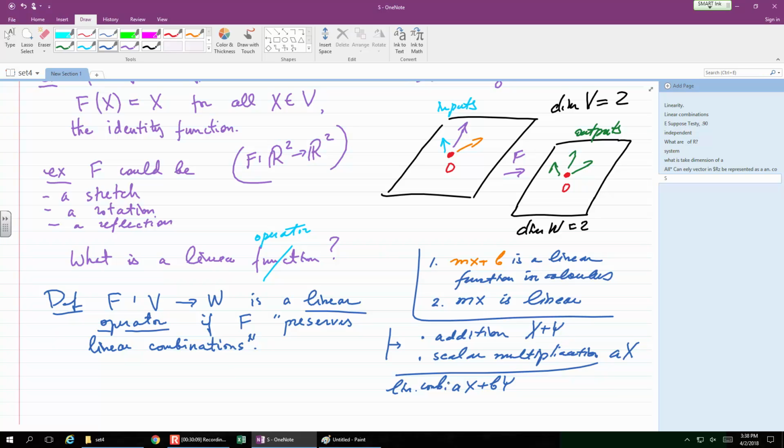So anyway, what does it mean to preserve linear combinations? It is f of x plus y equal to, once again, if I am looking at addition, f of x plus f of y. That's how you preserve addition, and this is how you preserve scalar multiplication.